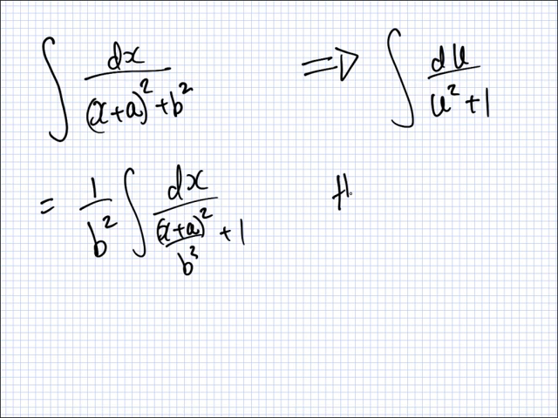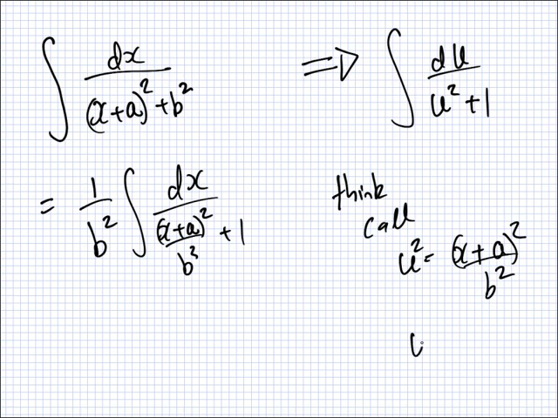So if I think about it, I could call u squared equal to x plus a squared over b squared, or u equals x plus a over b. In other words, u equals the first one over the second one.